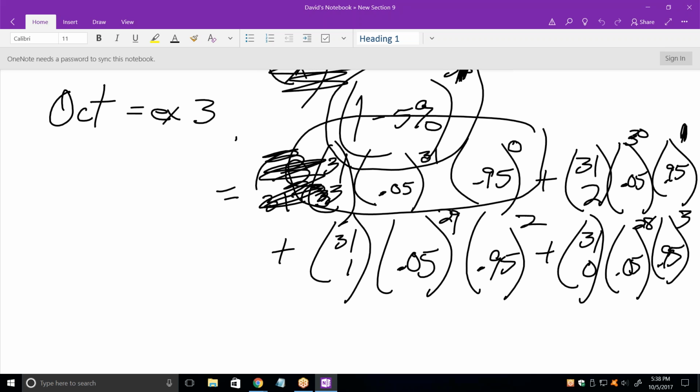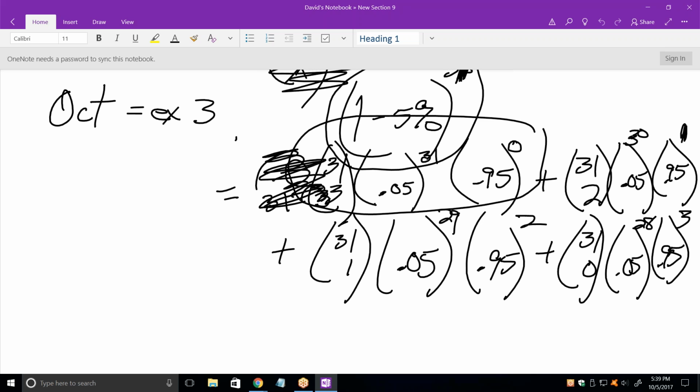Oh, if it said anything up to 3 days, then you'd add them all together: 2 days, 1 day, or 0 days. All right. So if I'm doing exactly 3, okay, I guess I get that.